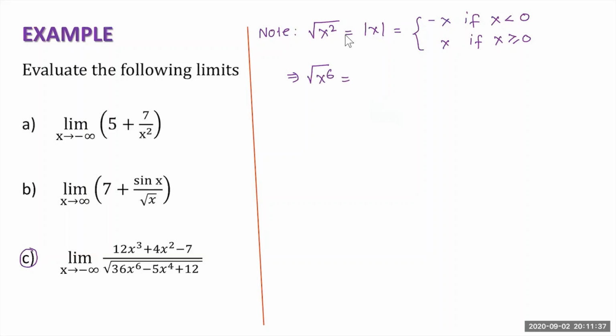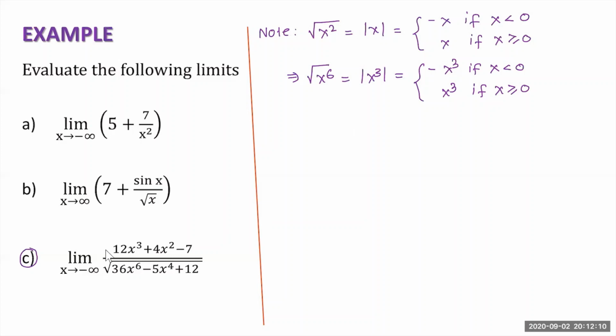Using the same definition, square root of x to the 6 will be the absolute value of x cubed, which is equal to negative x cubed if x is negative and positive x cubed if x is positive or 0. So we'll be using that concept here.